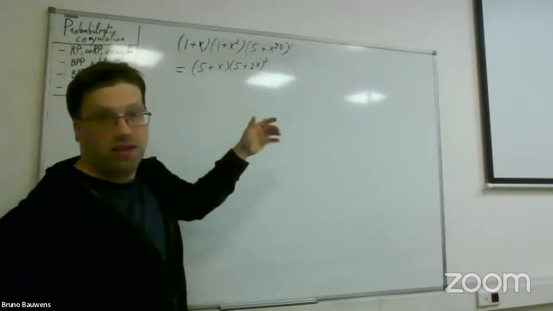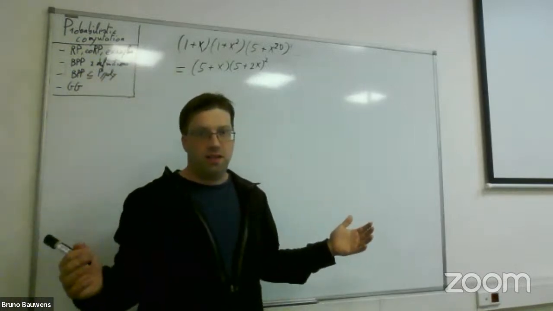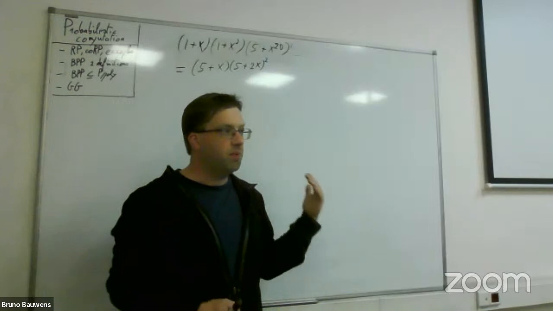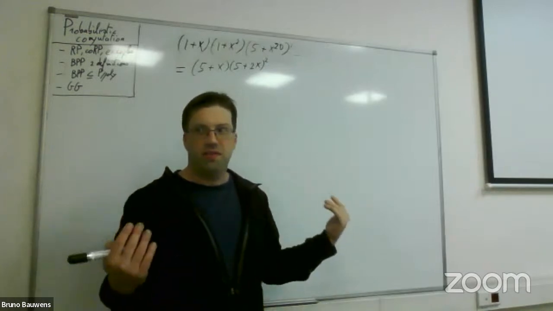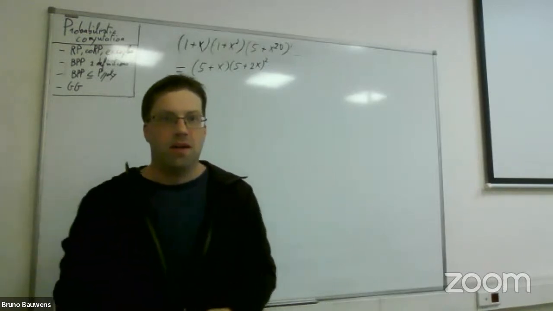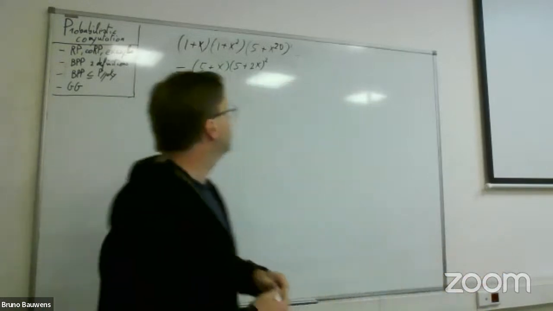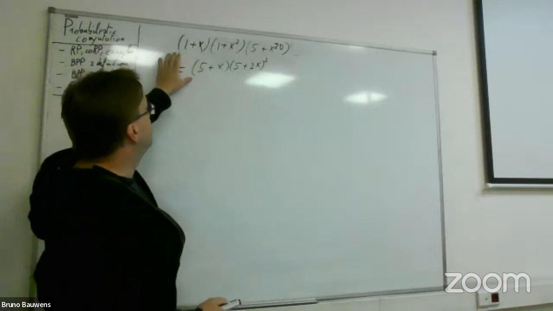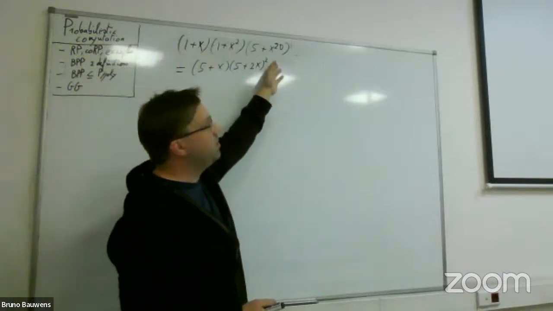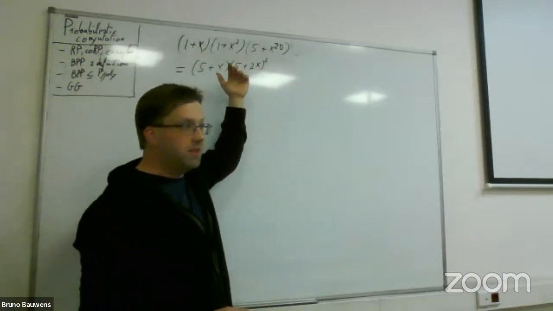So one might think, okay, let's apply distributivity and expand both sides, and then check whether the coefficients are the same. But this expansion can become exponential. So it's easy to solve this in polynomial time using a probabilistic algorithm.